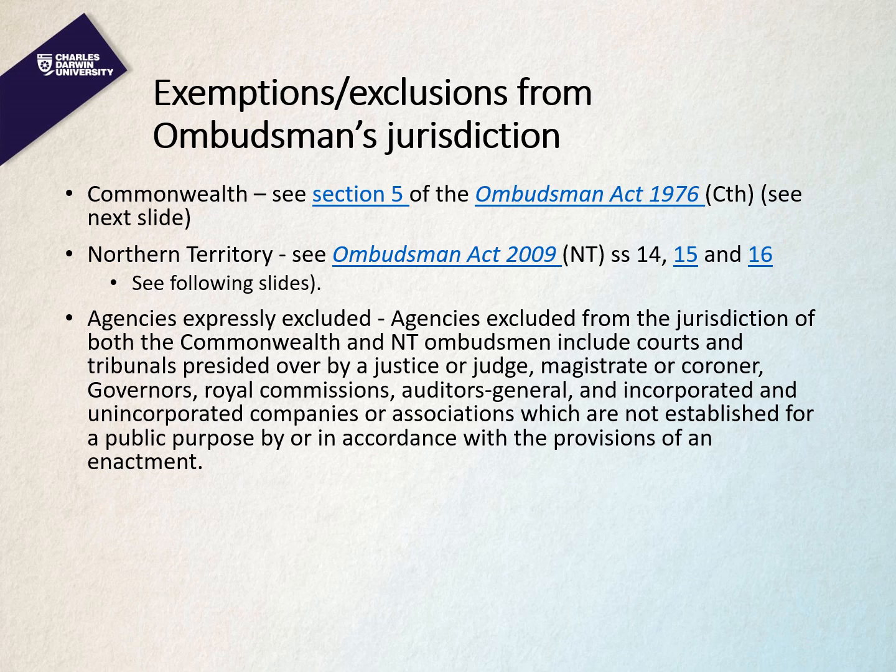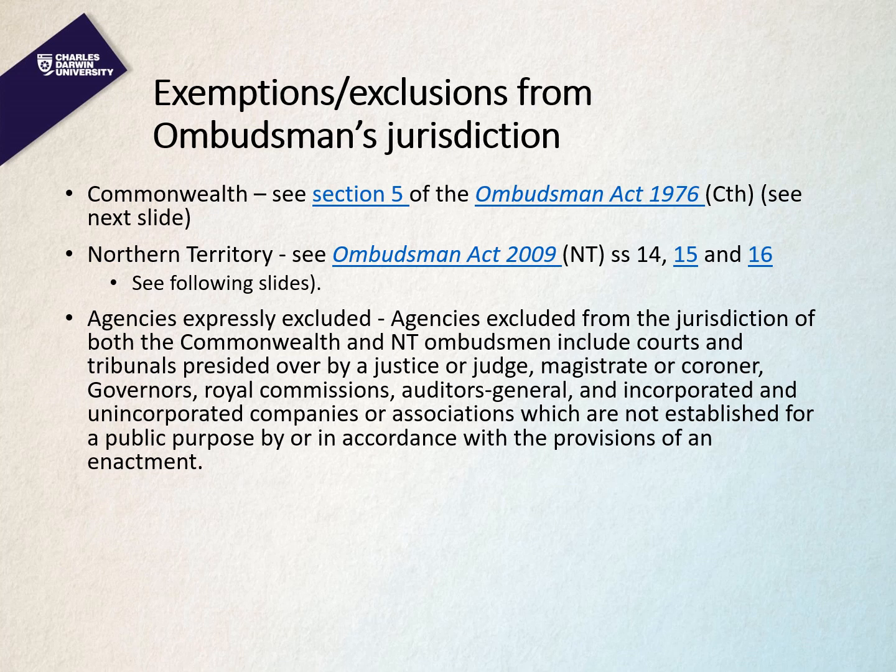Agencies also include governors, royal commissions, auditors general, incorporated and unincorporated companies or associations not established for a public purpose. So, sometimes governments create corporations that fulfill basically private functions. For instance, a postal agency, say, or something like that, a body that provides services not under statute, an electricity provider, for instance, where there's a multiplicity of providers.